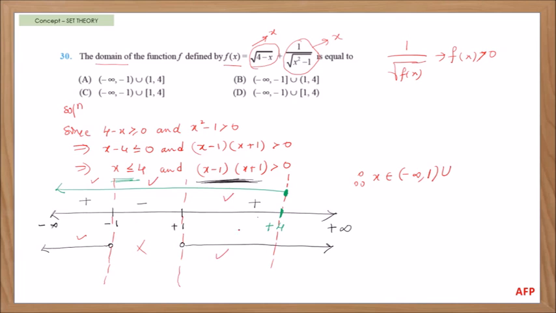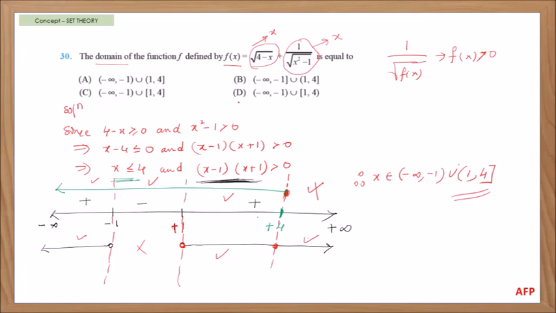Next, here green line and black line both are there, so we can take this interval, from plus 1, excluded because of the round circle, to 4, included, then union. Beyond 4 the green line is not there, only the black line, so that is not taken. This is the solution for the domain of x.